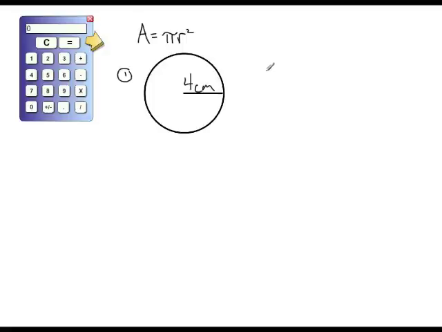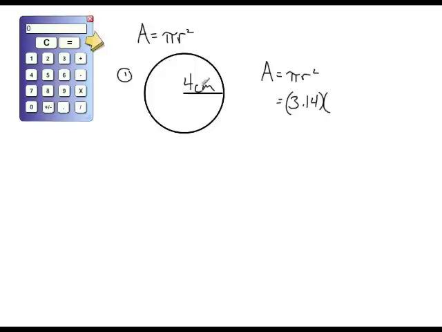Now to start solving this, as we always do, we start by writing out the formula. So in this case the formula is area is equal to pi times the radius squared. Now we already know what pi is because pi is always 3.14.